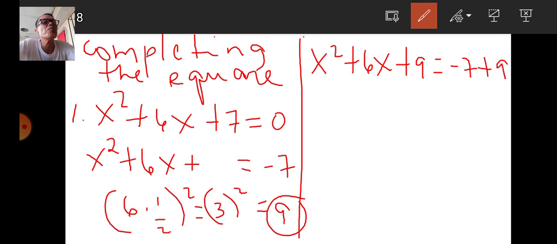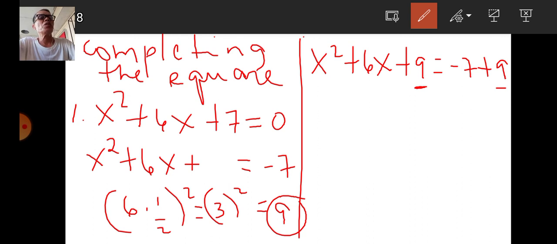So remember that whatever number is added on the left side must also be added on the right side. And then factor the left side, this is a perfect square trinomial. And if you have a product which is equal to a perfect square trinomial, the factors must be the square of a binomial. So just get the square root of the first and the last term.